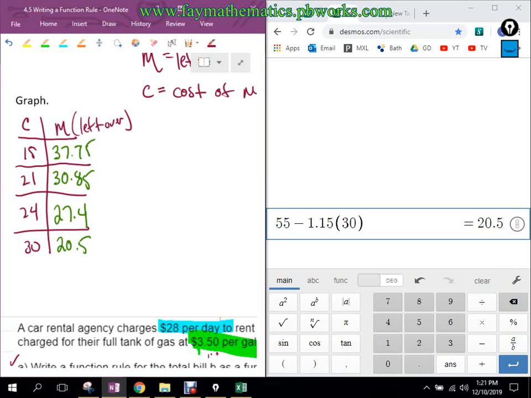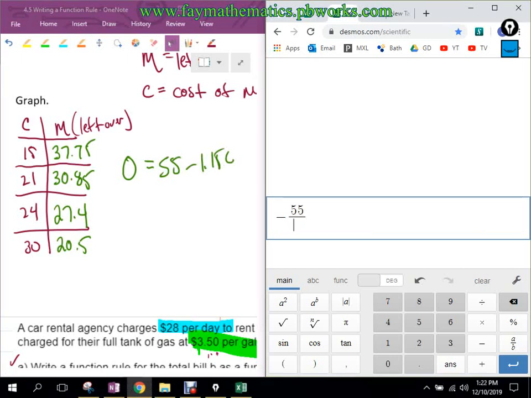If we set this thing equal to 0 and say I want to have $0 left over, can I go 55 minus 1.15C and solve that for C? If I do that, I have negative 55 divided by negative 1.15. It tells me the largest amount that I can order off the menu if there are no taxes here.